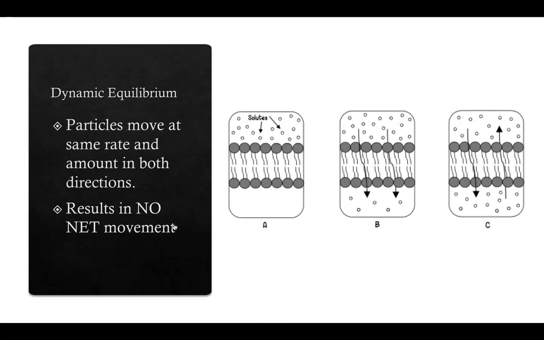All right, hopefully you chose C, because C is where we see the dynamic equilibrium, where particles are going both ways across the membrane. They're no longer moving from a higher concentration to a low concentration only. And this is what we mean by dynamic equilibrium.